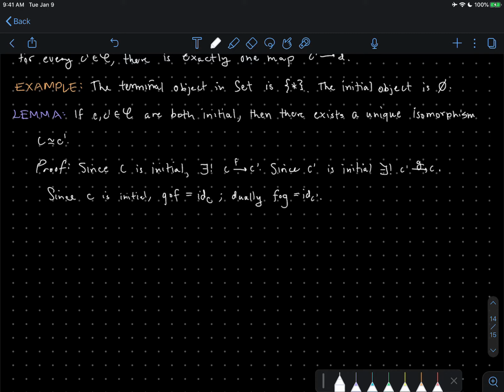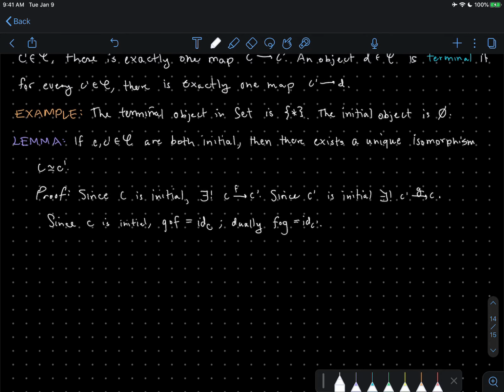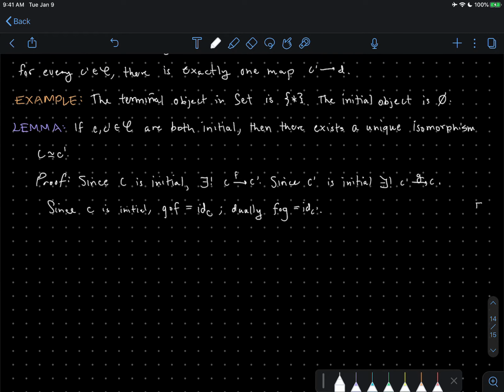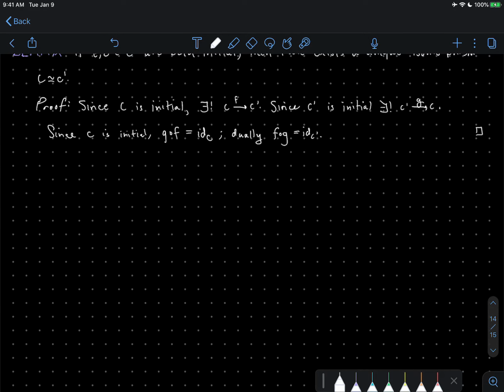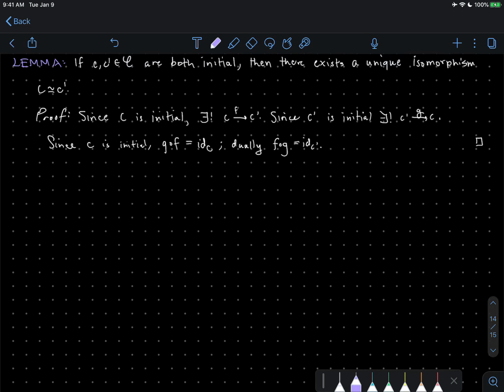Hence, they are inverse isomorphisms, but they are also the only inverse isomorphisms between c and c prime. Okay. Let's give an example that will help us motivate. Let's just rip the Band-Aid off instead and give the full definition.